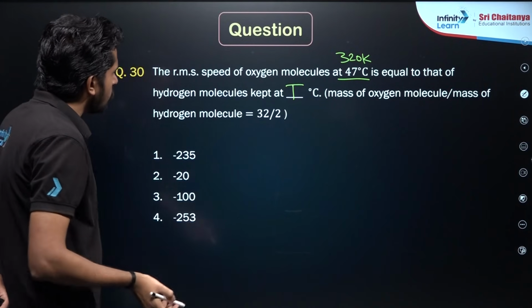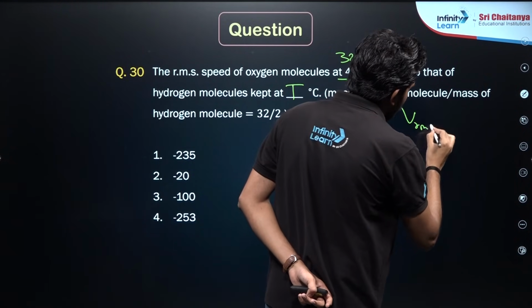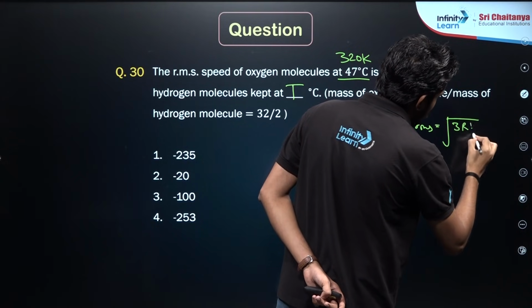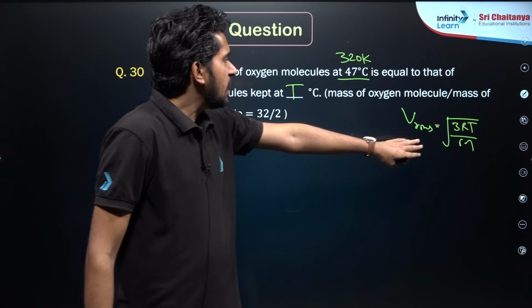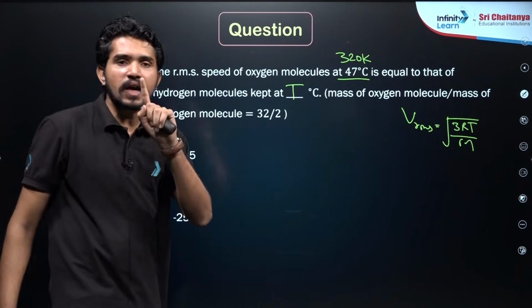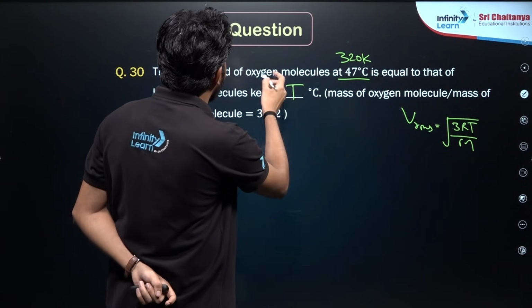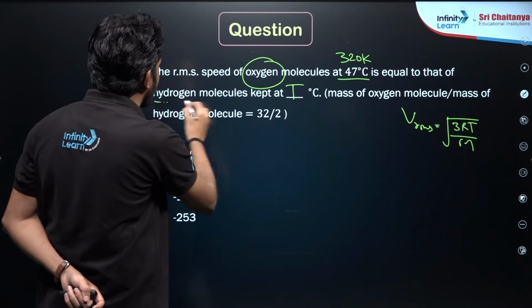So RMS speed, you guys are aware that Vrms is root 3RT by M. But 3R are common, and if Vrms speeds are equal, so I would directly say this is for oxygen molecule and that of hydrogen molecule.